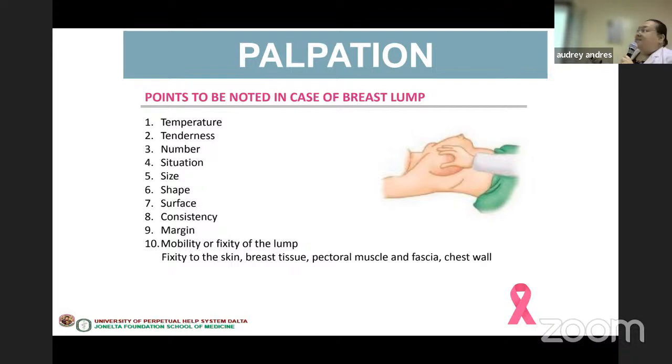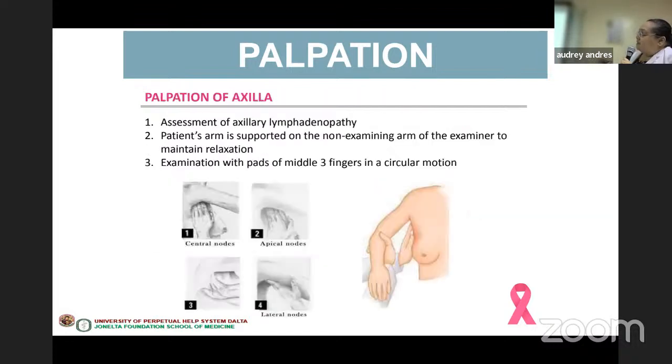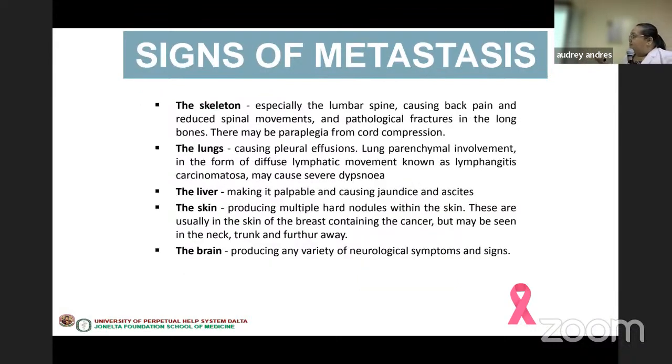Size, shape, surface, consistency, and then don't forget lymph nodes. Of course, that's your lymphatic drainage. And look for signs of metastasis: lung, brain, or bone, especially skeleton, lungs, liver, skin, and brain.